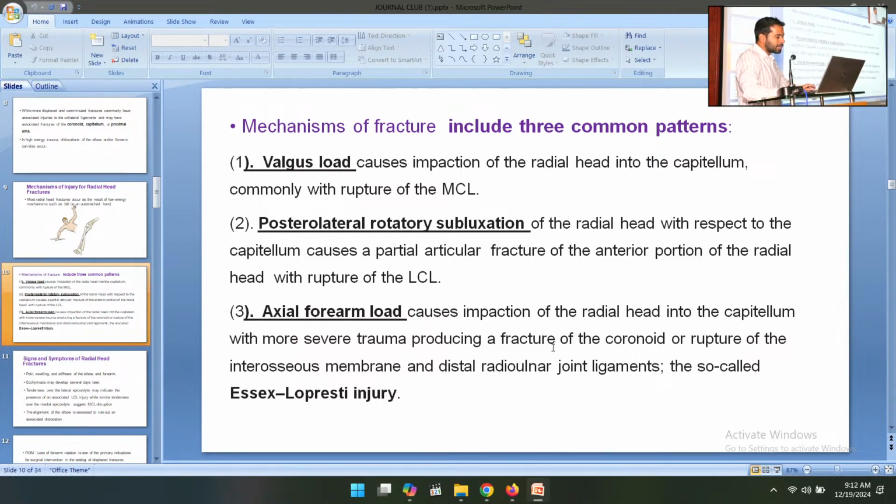Posterolateral rotatory subluxation of the radial head with respect to the capitulum causes partial articular fracture of the anterior portion of the radial head with rupture of lateral collateral ligament. And axial forearm load causes impaction of the radial head into capitulum, with more severe trauma producing fracture of the coronoid or rupture of the interosseous membrane and distal radioulnar joint ligament, so called Essex-Lopresti injury.